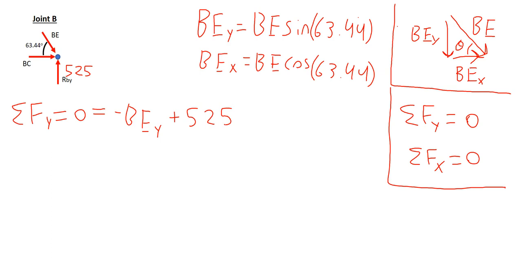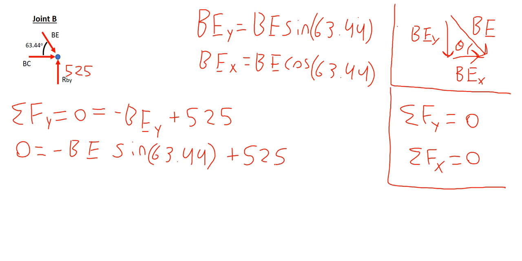Now, we are looking for BE and not BEY, so we need to make a quick substitution. Since we know that BEY is equal to BE sine 63.44, we will substitute that into our equation. So we get 0 is equal to negative BE sine 63.44 plus 525.